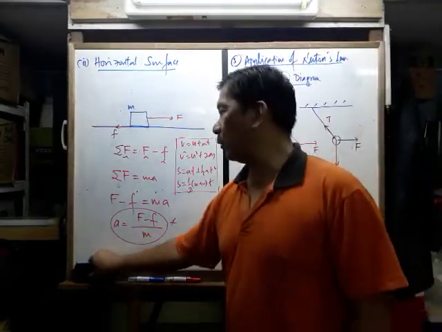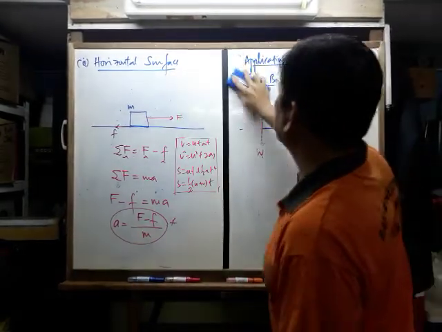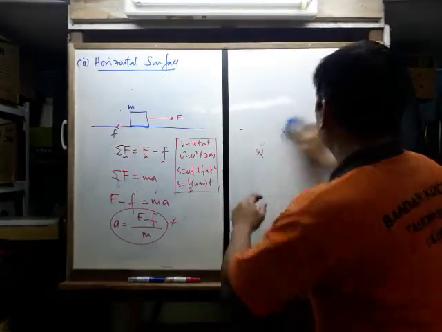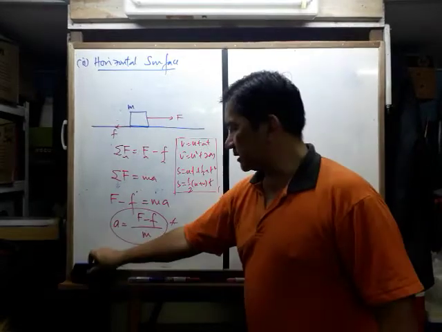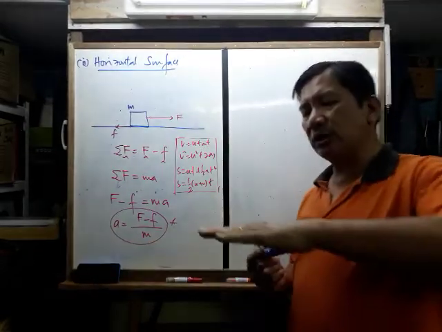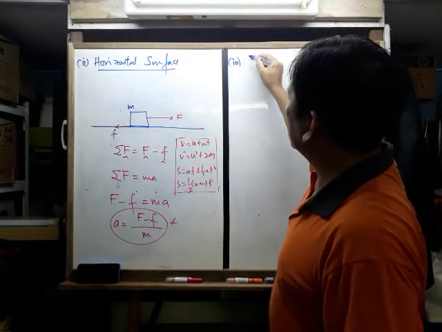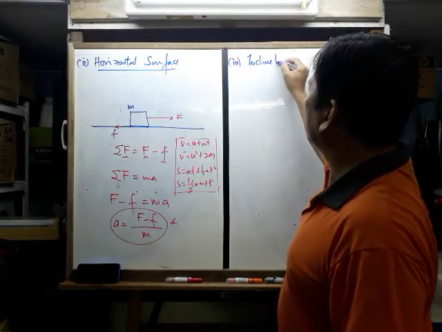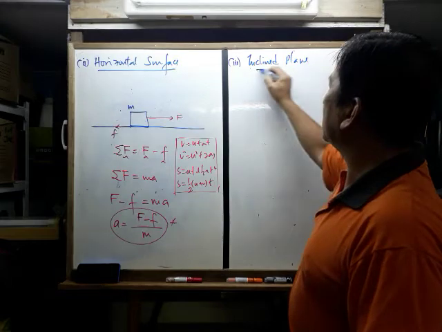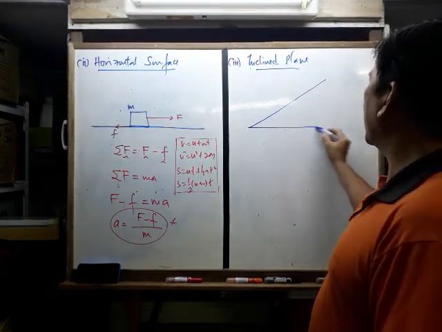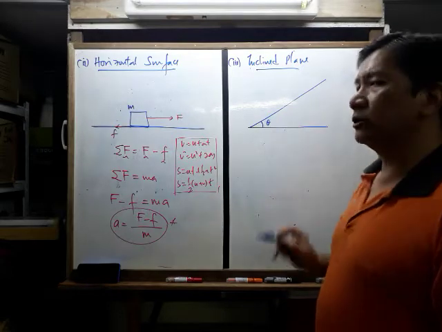Very straightforward. And the last situation that we can use is the inclined plane. An inclined plane means a surface that is actually tilted up a little bit. So that is number 3, inclined plane. It is a surface with an angle theta.